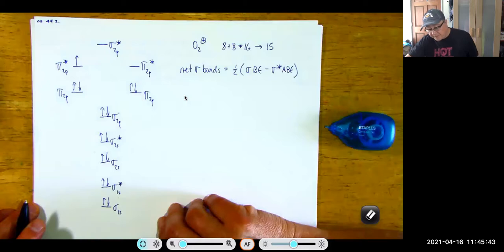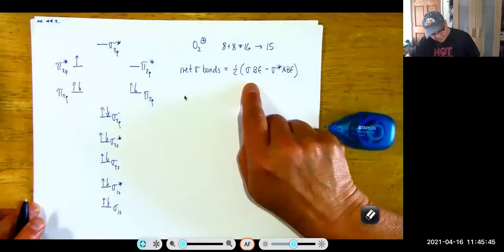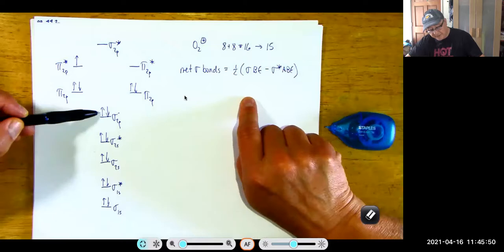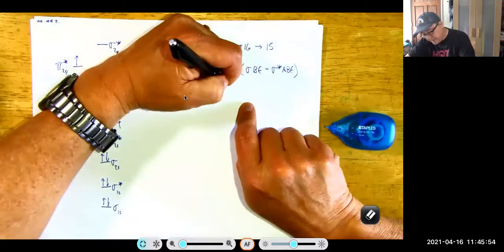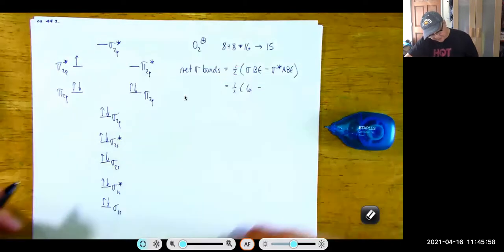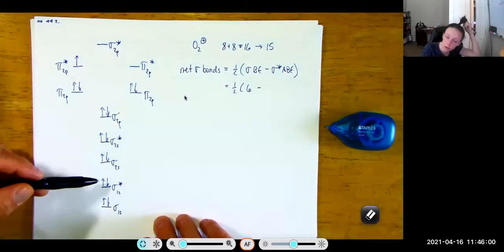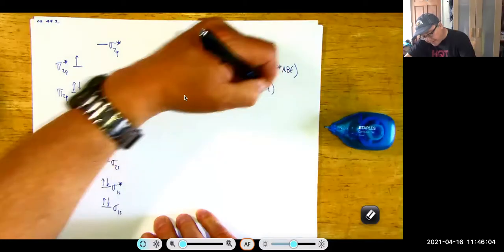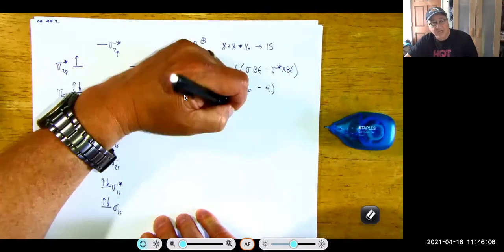So how many sigma bonding electrons? 2, 4, 6. Agreed? Yeah. How many sigma anti-bonding electrons? 4. So that means we have a net 1 sigma bond.